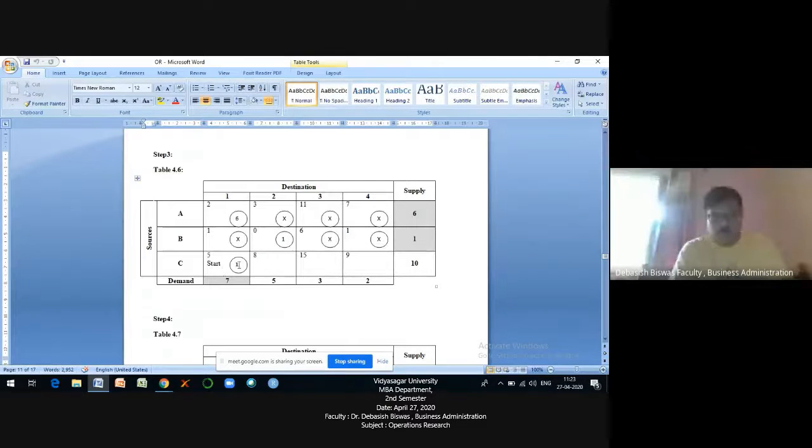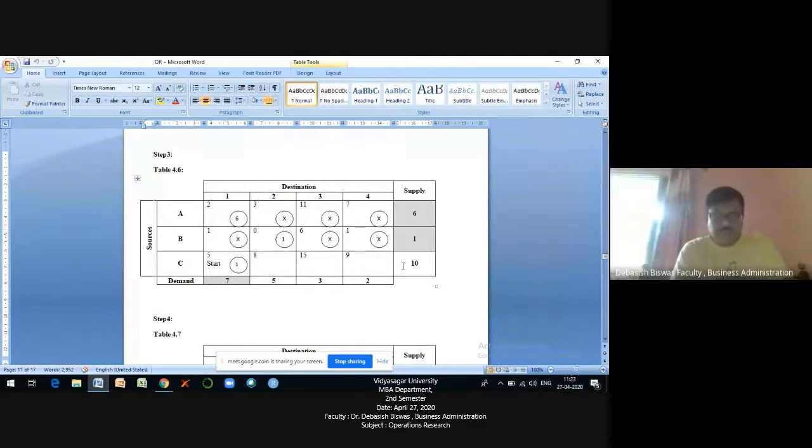So now, out of 4 elements, 5, 8, 15, and 9, we have to search the lowest one. So 5 is the lowest one, right? So again, we have to consider the supply versus demand.